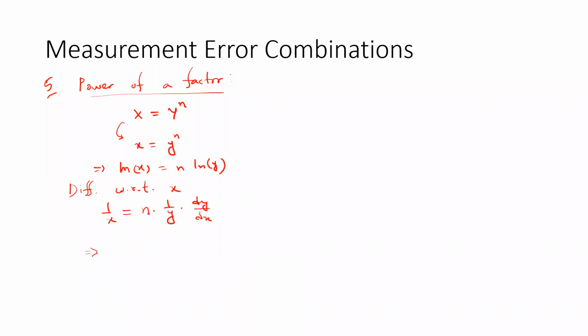Let us rewrite it in this format and represent the quantities with respect to their errors. So in this case we can say that the relative error in x would be n multiplied by the relative error in y.